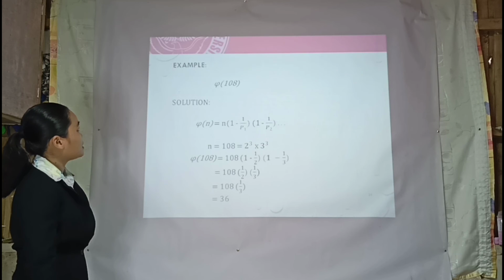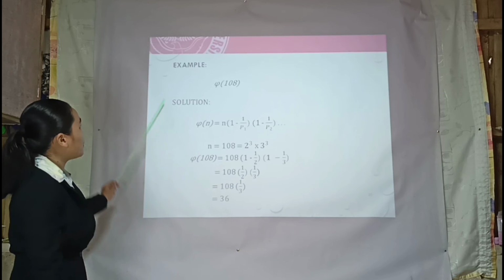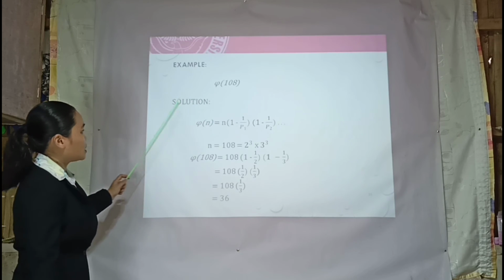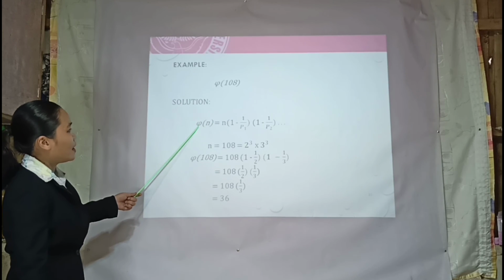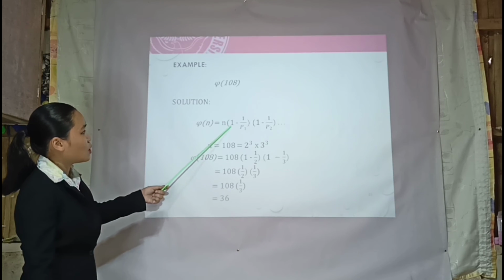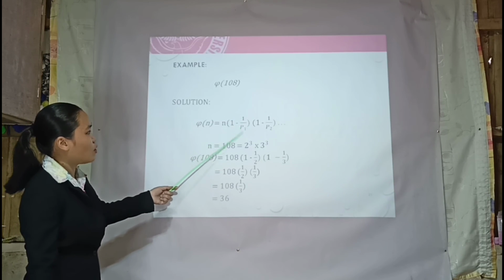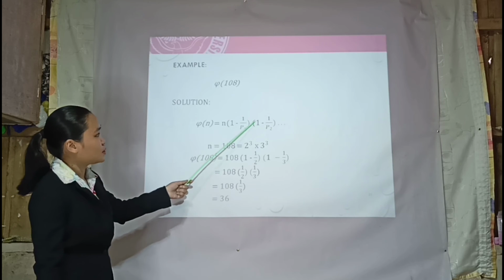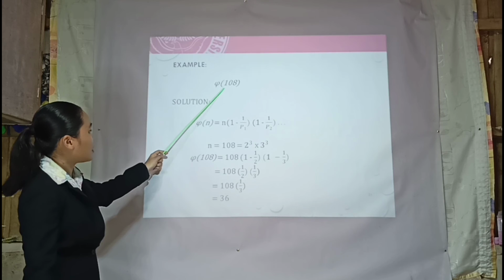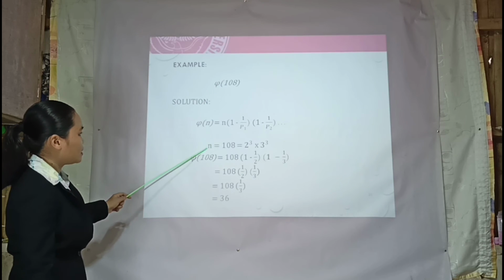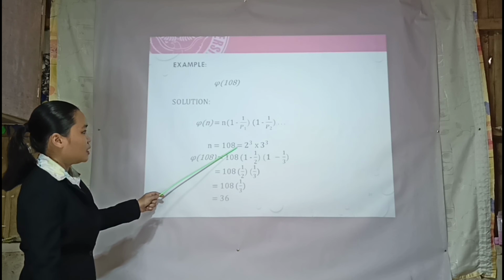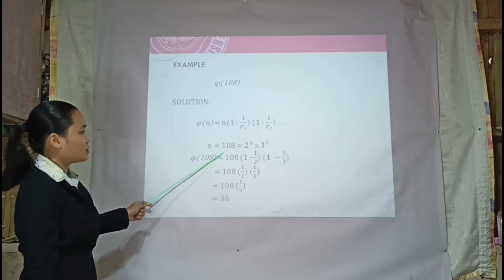Okay, let's proceed. We have another example: the phi of 108. So, the solution. Phi of n equals n times 1 minus 1 over p sub 1 times 1 minus 1 over p sub 2 and so on. Since our n here is 108, we have to factor this.